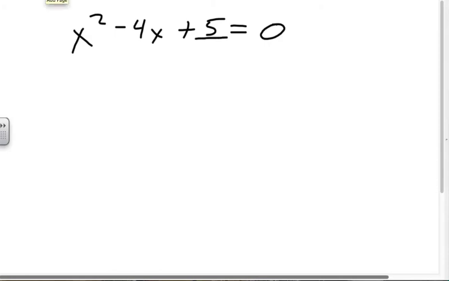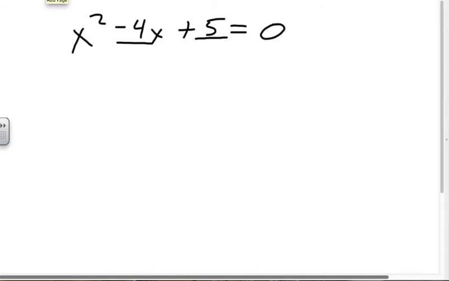Now let's deal with how this shows up in something a little different, like x squared minus 4x plus 5, and you want to find the zeros, which equals 0. So the first thing we're tempted to do is go in and factor. I want 5 and 1 that will add up to a negative 4.